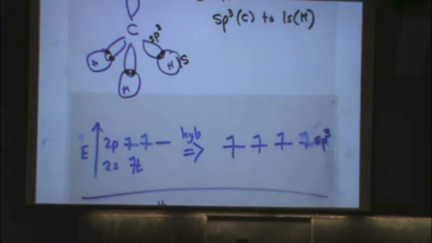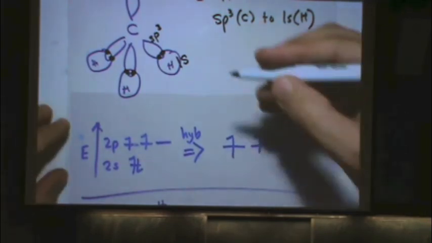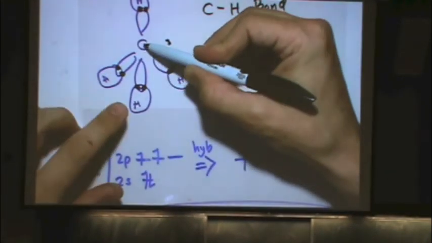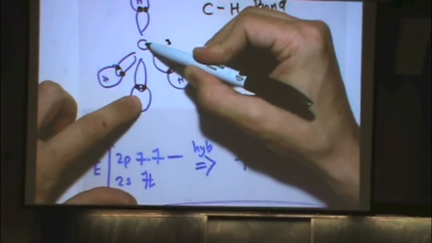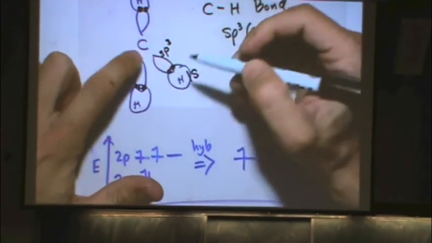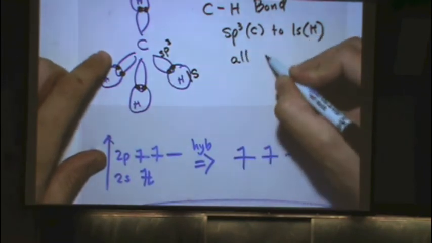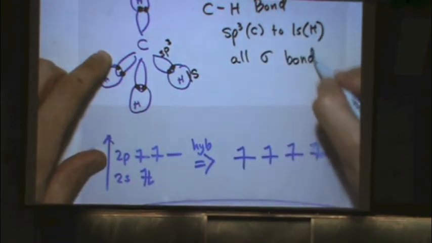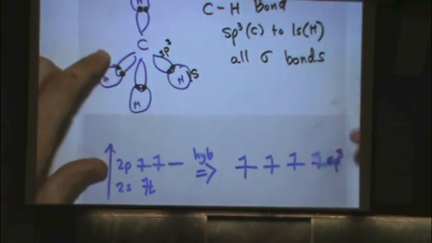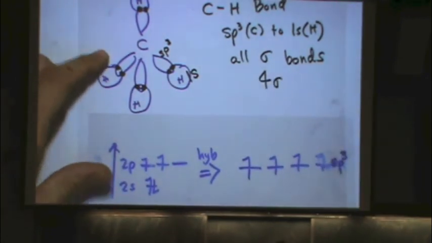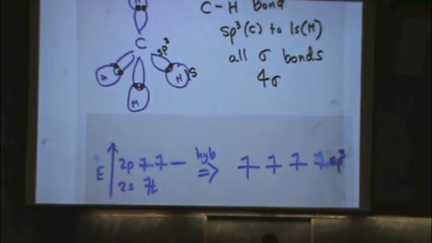Sigma or pi? They're all sigma bonds, because the bond is occurring between the 2 center points of the atoms. So this molecule has a total of 4 sigma bonds, for example.